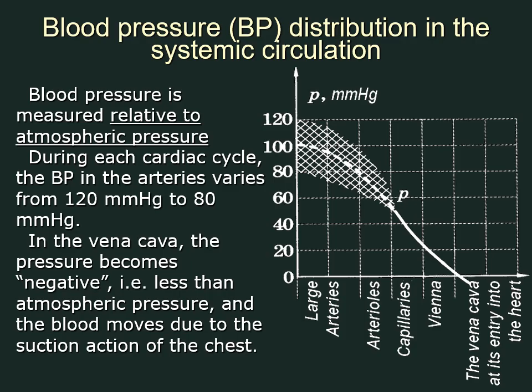120 millimeters of mercury means that the pressure during systole is 120 millimeters of mercury above atmospheric pressure, for example. So, normally, the well-known norm is 120 to 80, the so-called systolic and diastolic pressure, and it is marked on the graph in the form of a grid.